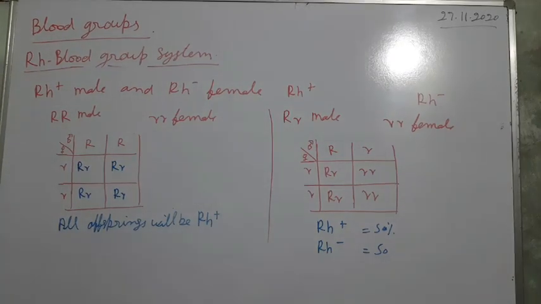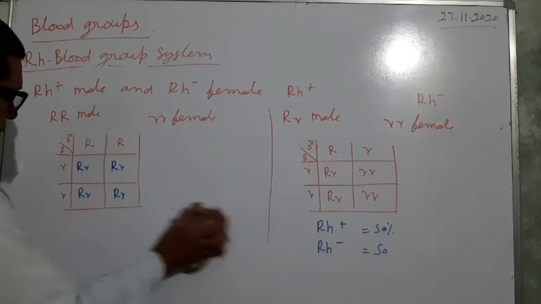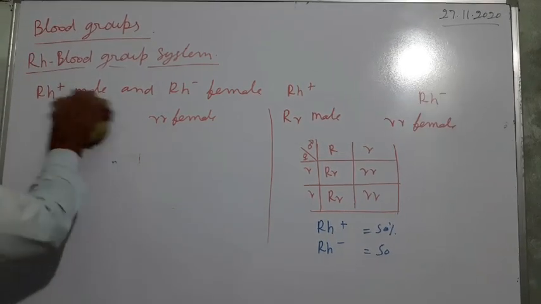Now, what happens when an RH positive man marries an RH negative woman? What problems come in this situation?